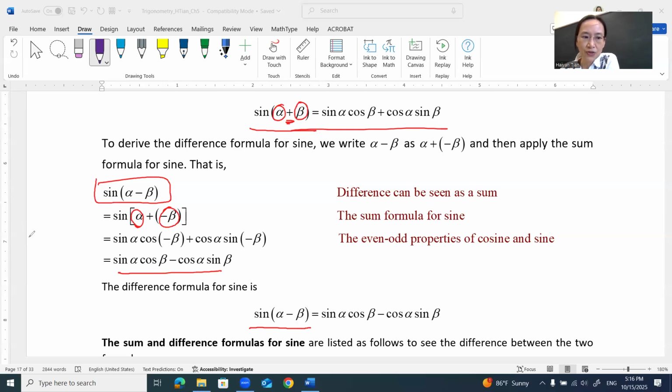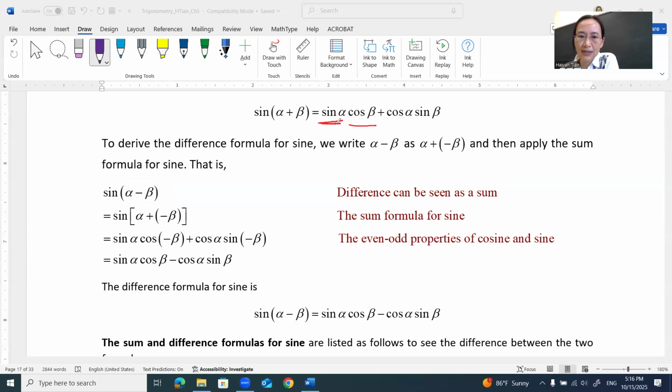Sine of a sum is always, just according to the identity, sine of the first, cosine of second, plus cosine of first, sine of second. So we write the difference in the form of a sum. And then we get another formula: sine of a difference is sine of first times cosine of the second, which is beta, minus cosine of first, sine of second.